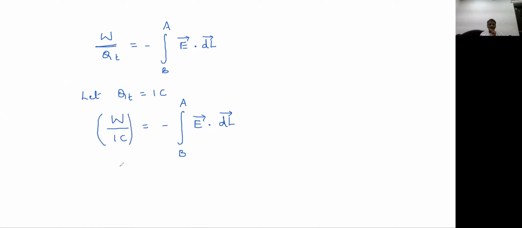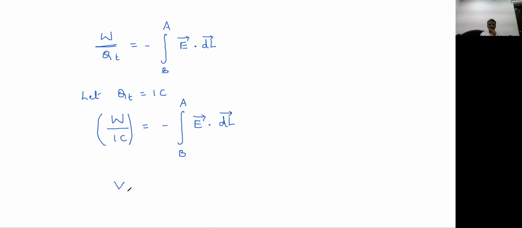Now let this q_t be made equal to 1 coulomb of charge, and W by q_t is equal to minus integral from B to A of E vector dot product with dl. And this work done on a unit test charge, we call it a potential difference.